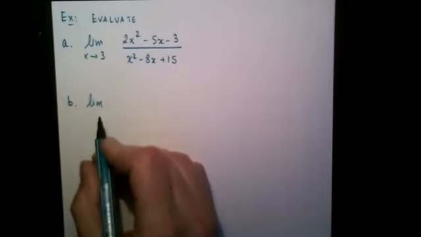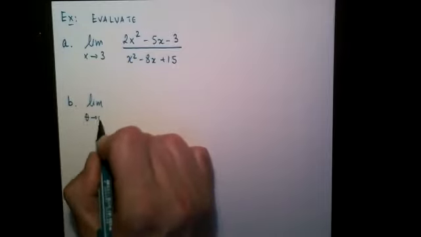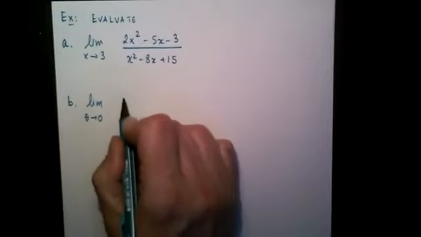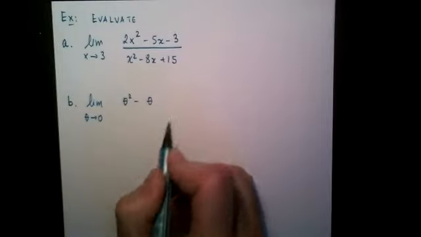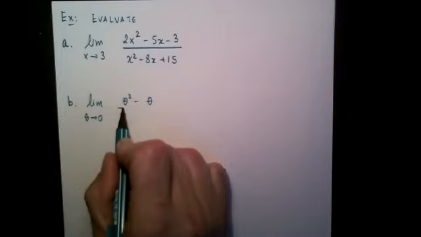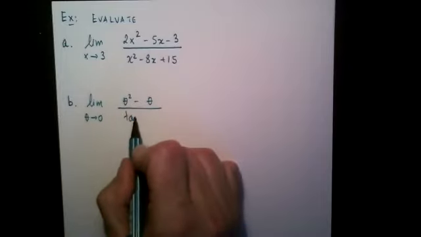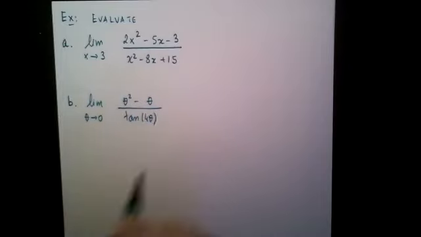Second one: limit as theta approaches 0 of theta squared minus theta over the tangent of 4 theta. In the second one, is it 4 times theta?